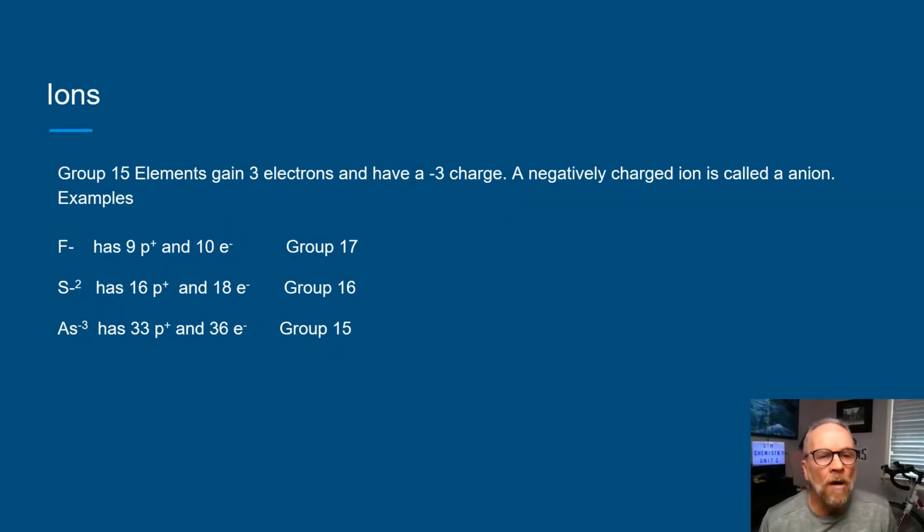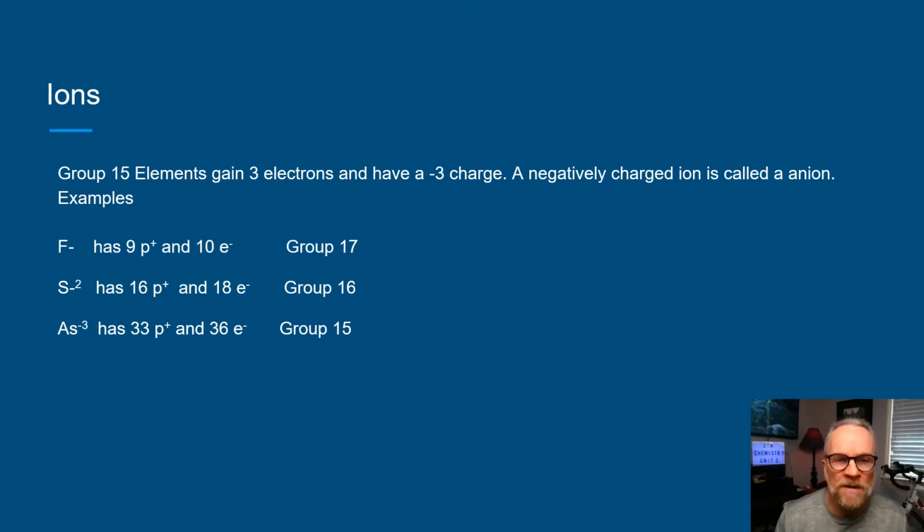Okay, so here are some examples of anions. It says here group 15 gain 3 electrons and have a negative 3 charge. And it says a negative charge ion is called an anion. So these are examples, and we already talked about the tendency for each one of the groups.